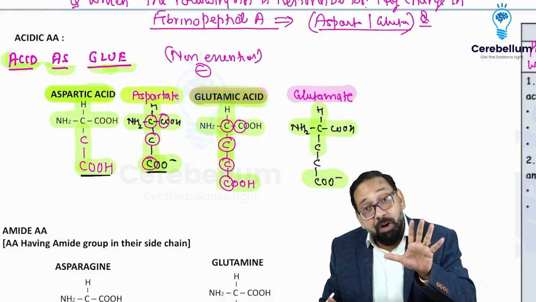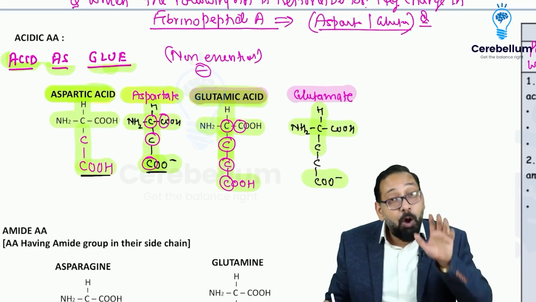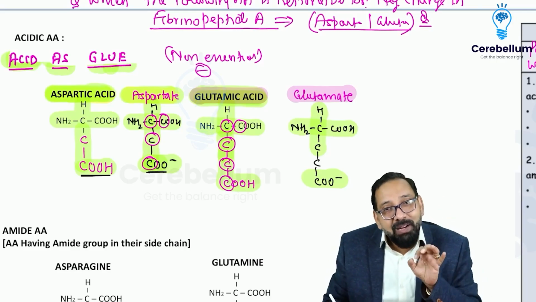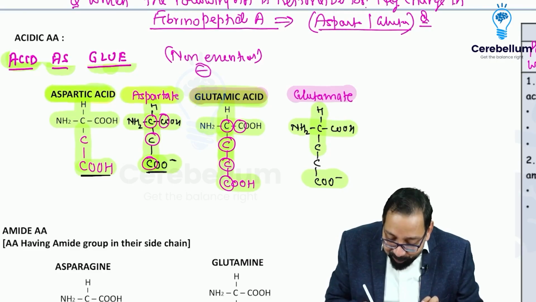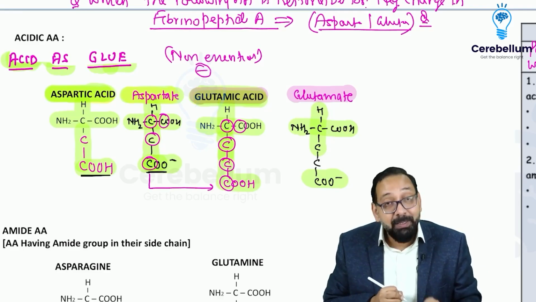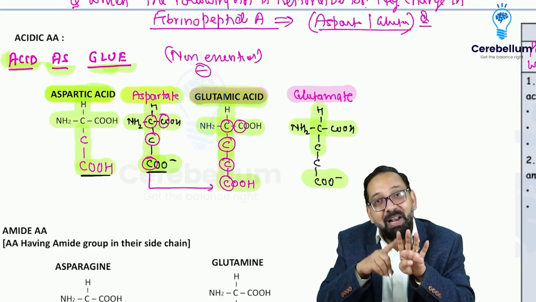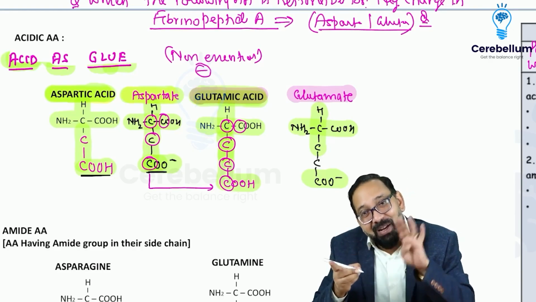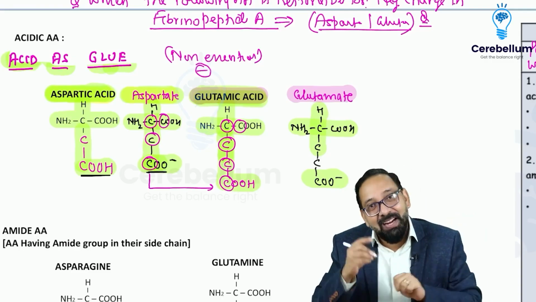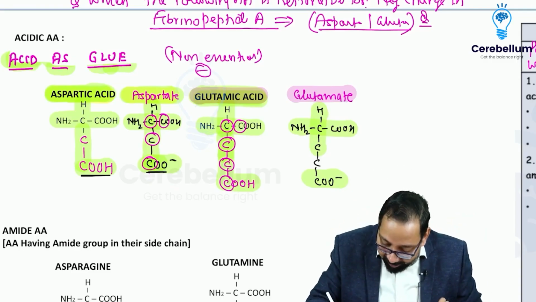Gluta means 5 carbon. Aspartate, how many carbons? 4. Now you can make a mnemonic. Aspartate has 4 carbons, and if I join 1 more carbon with the help of glue, it becomes glutamate. So aspartate has 4 and glutamate has 5 carbons.